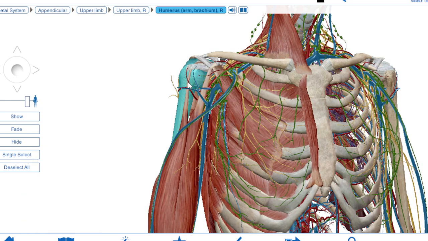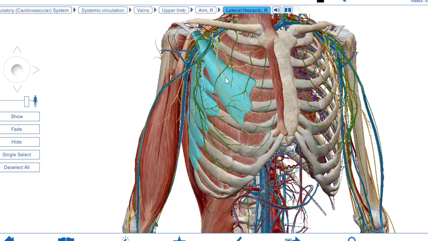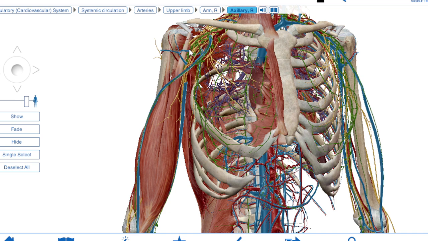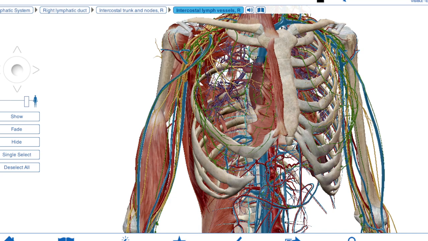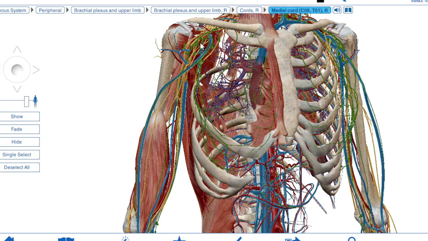Okay, deselect all. Now I remove everything from here. Let's wait for a second. I remove all other muscles and all other bones from this side.